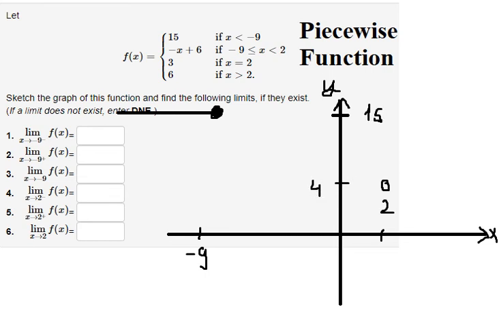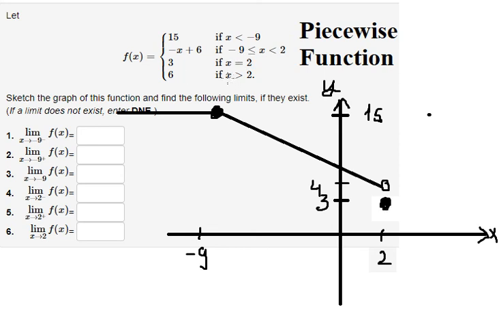So we need to connect the 2 points in here. The next one, when s equals 2, we have 3. So 3 should be in here. Because we have the value at s equals 2, that's why we have the black dot.